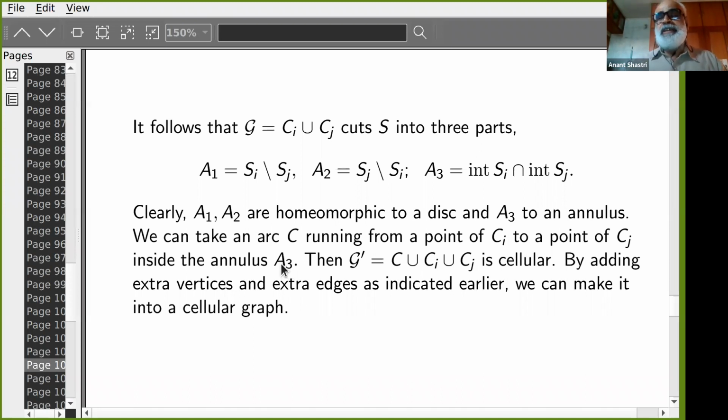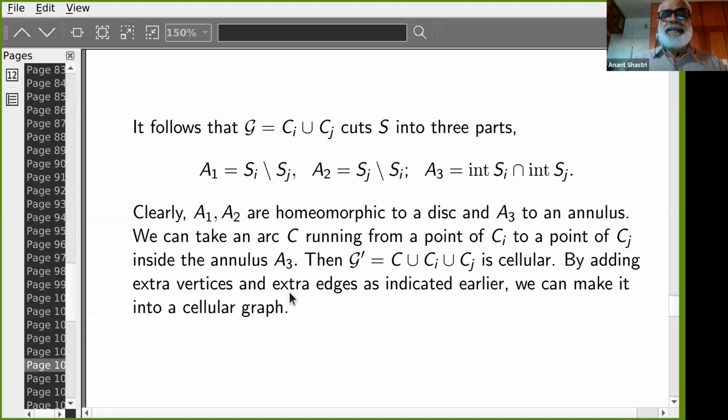That will cut the annulus into a disk. It's like a cylinder. If you cut it across, then it will become a rectangle. Therefore, the new graph G prime, which is this C union Ci union Cj, will be cellular on the surface.